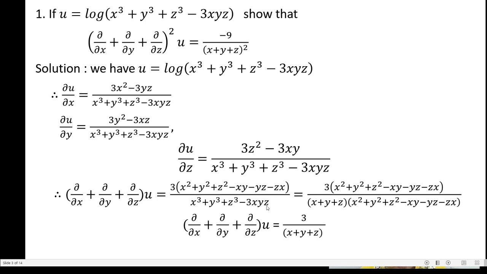This term can be written as x plus y plus z into x square plus y square plus z square minus xy minus yz minus zx, and these two terms get cancelled. We have 3 divided by x plus y plus z.